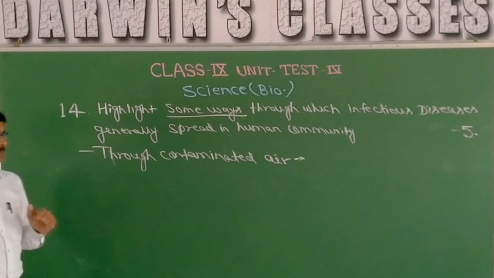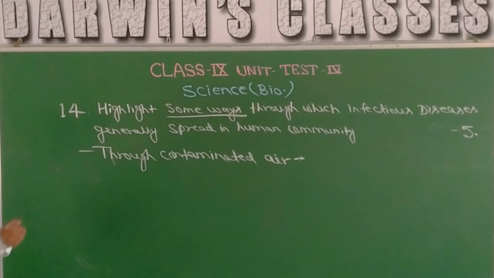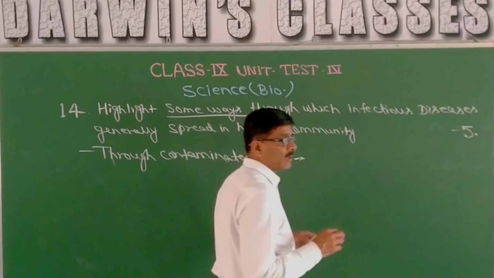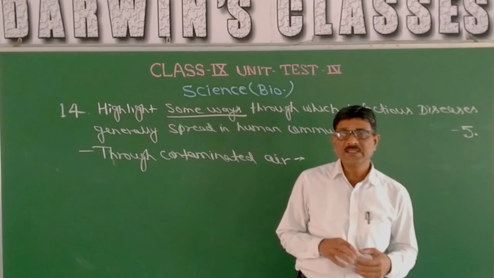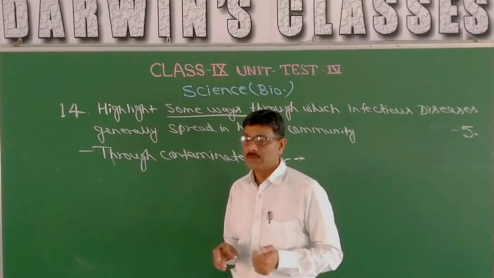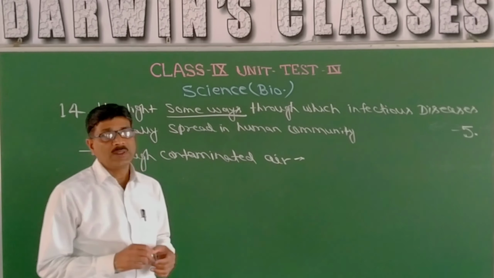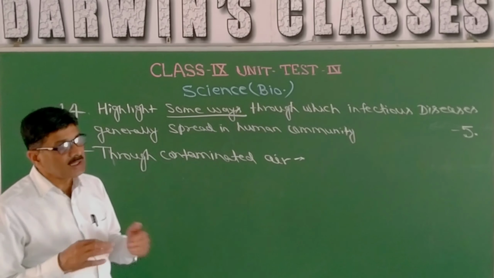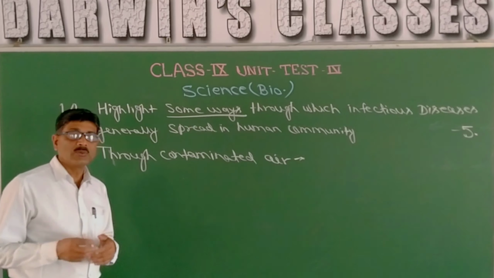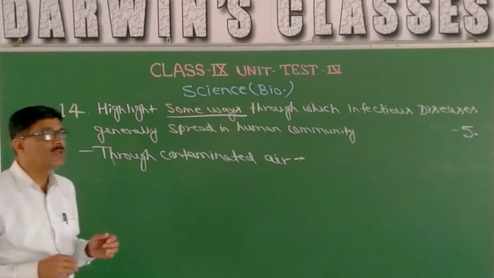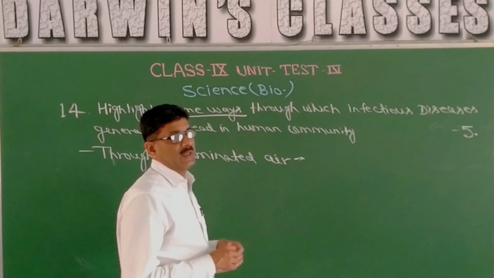Second one is through contaminated water or contaminated food. Diseases like cholera and amoebiasis are being transmitted with the help of water, the water in which there is mixing of fecal matter.